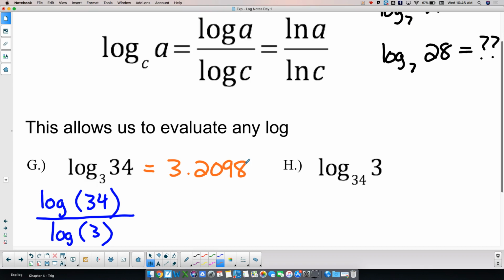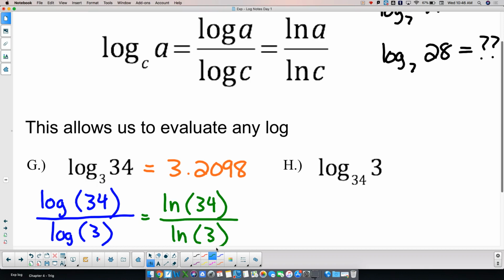Now, check it the other way too. If we use the natural log, it will open a set of parentheses, and you type in 34 and close that off, and then the natural log of open parentheses, 3, close it off. It should give you the same answer.